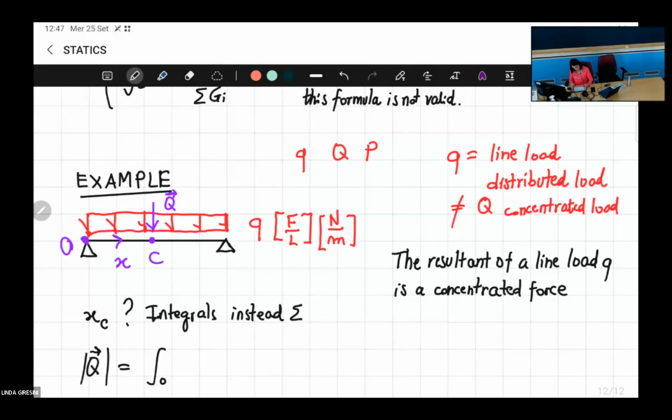So the magnitude of Q is equal to the integral from 0 to, let's assume the beam span is L. So this is L. From 0 to L of Q. In principle, Q is variable with x.